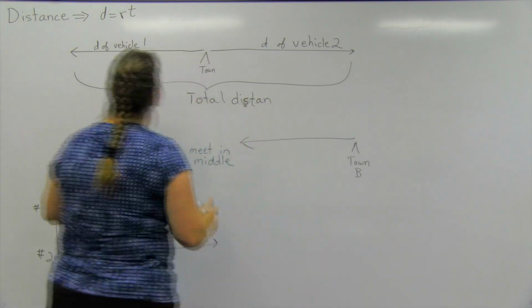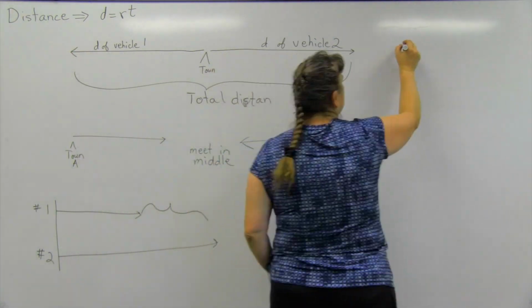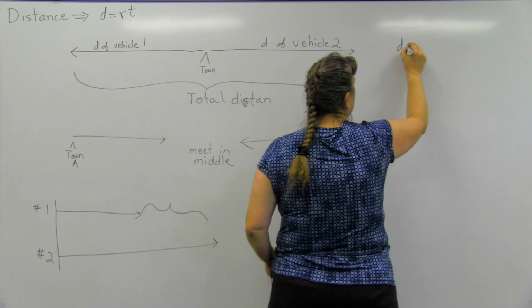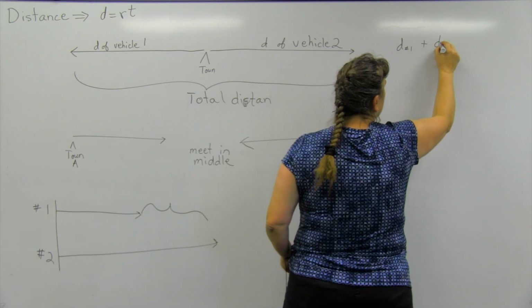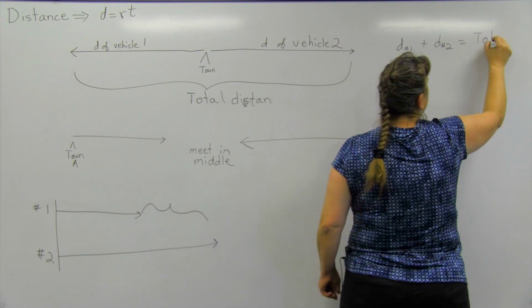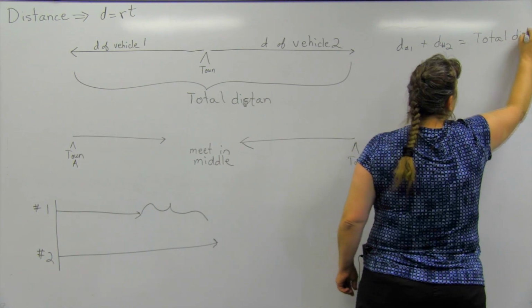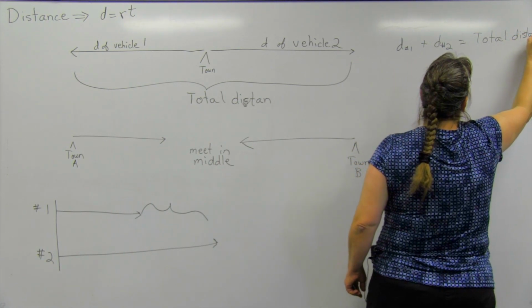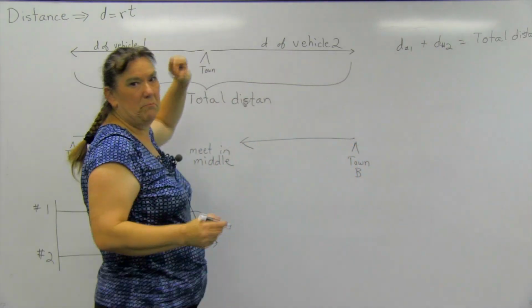If you think about it, it's this distance plus this distance. So distance of vehicle number 1 plus the distance of vehicle number 2 is going to yield your total distance. Okay? That's what it's going to be. And remember, those distances of these vehicles are made up of the rate times the time.